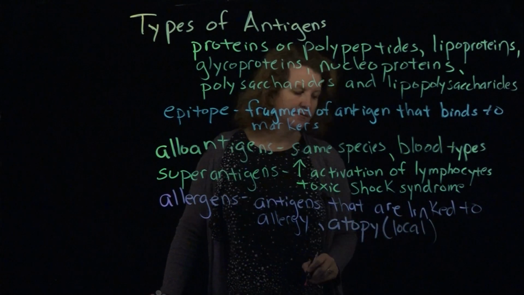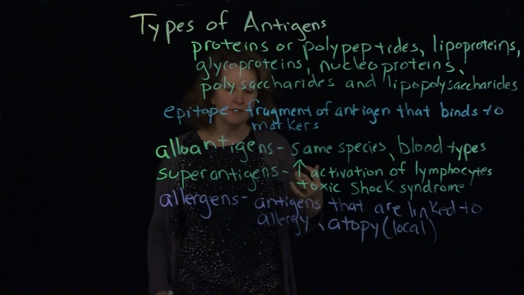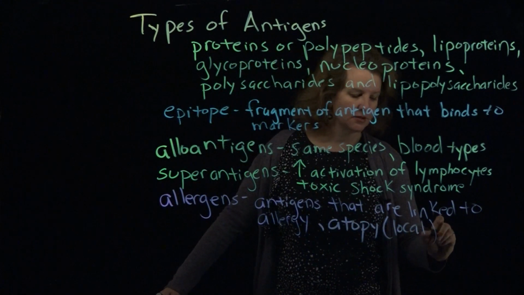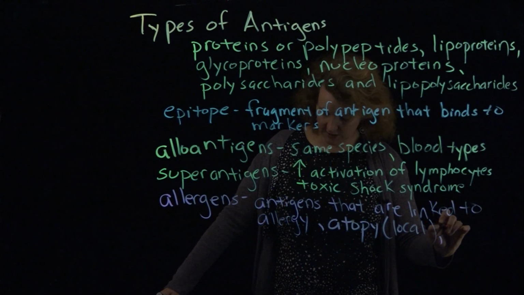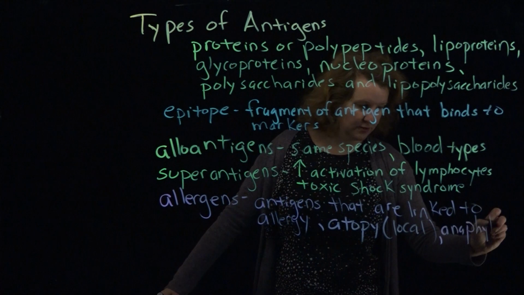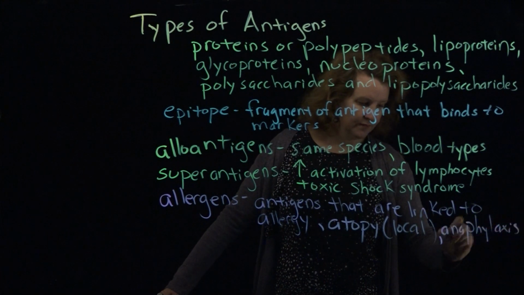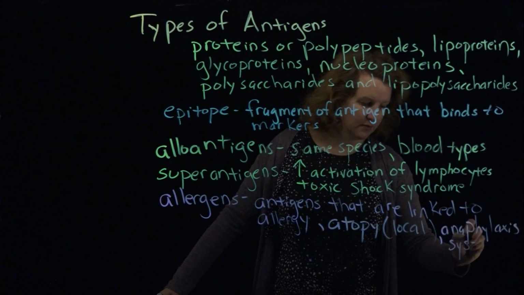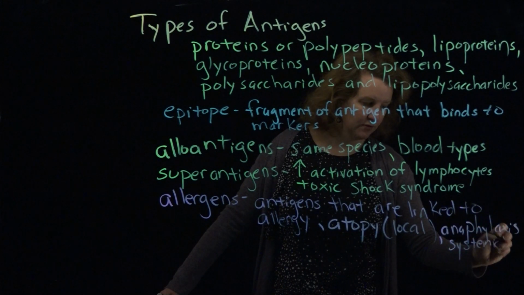So if you have seasonal allergies, so itchy nose, watery eyes, that's that local response. Or it can be systemic and lead to things like anaphylaxis, where you have this body-wide response. And that's, of course, a much more deadly response that we worry about, systemic, so throughout the body.